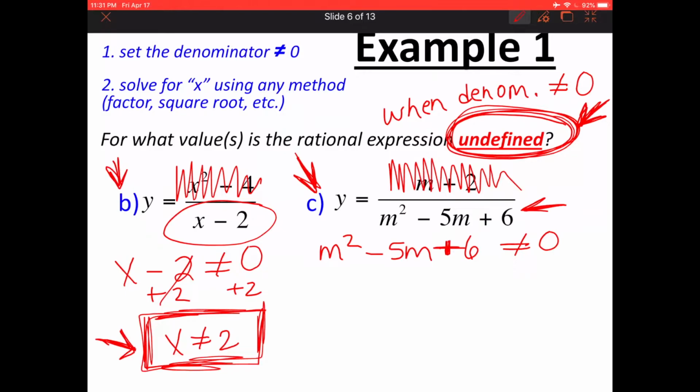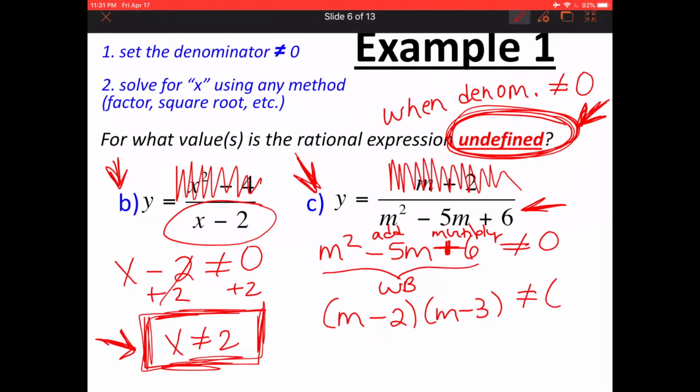Okay, you have to think back to chapter 10, chapter 9. We are going to work backwards. I need 2 numbers that add up to -5 and that multiply to 6. So my 2 numbers are going to be m minus 2, m minus 3. Okay, -2 times -3 is +6, and -2 plus -3 is -5.